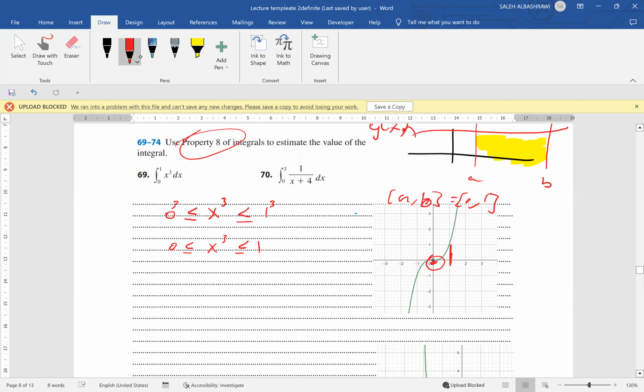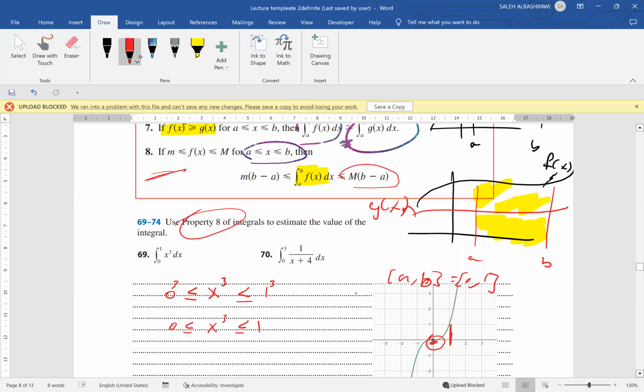Now the eighth property says that if we have a function restricted between the lower bound and upper bound, then the definite integral will be between m times b minus a and capital M times b minus a.